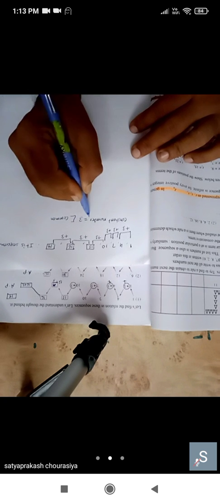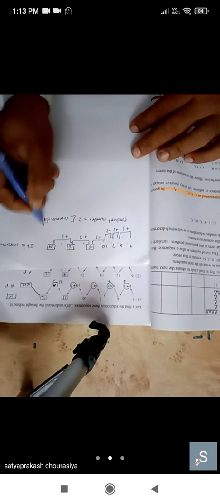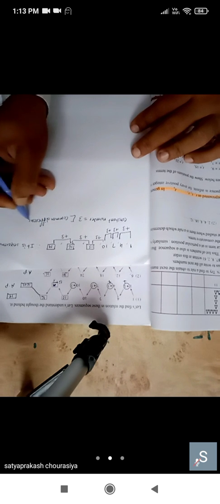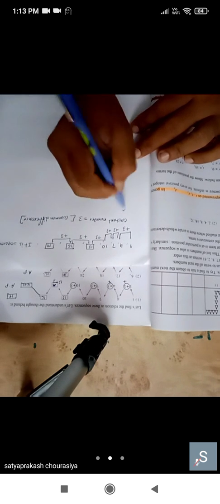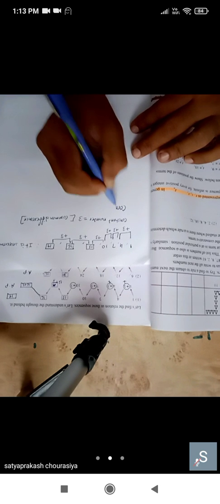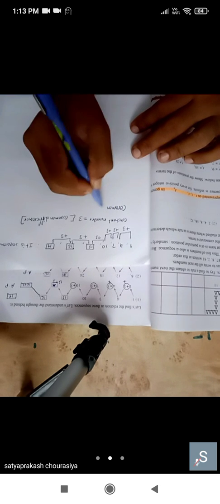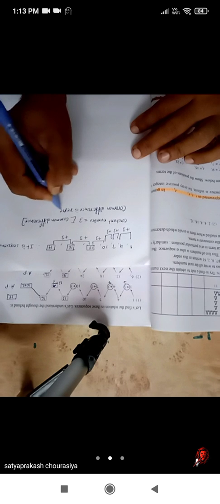This constant number 3 for this list is called the common difference. And this common difference is represented by small letter d.